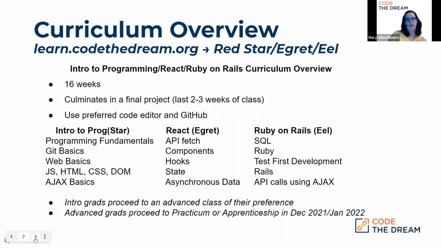For Red Egret, we're actually reframing and restructuring our curriculum currently. Previously we were using Treehouse videos, but our senior developers have discovered that while Treehouse videos are very good, there are gaps in what is disseminated to the students, what the students are able to learn.